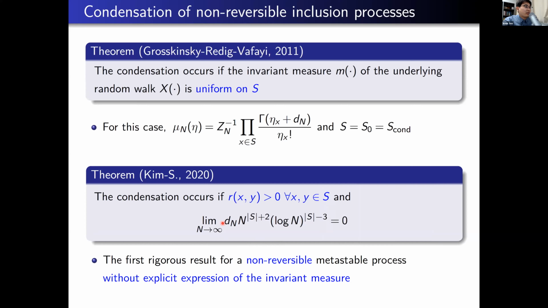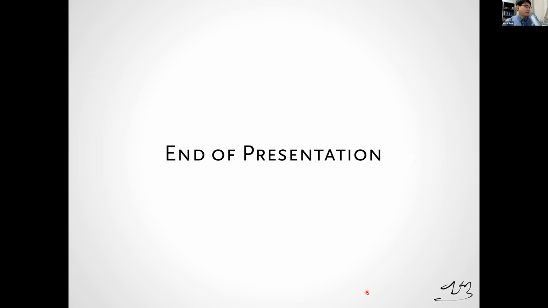And I would like to mention that this is the unique and first rigorous result in the study of non-reversible metastable processes where we don't have a closed-form formula for the invariant measure. Okay, this is the last page, and this is the end of the presentation.